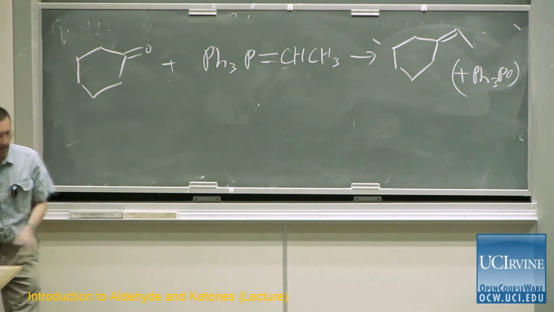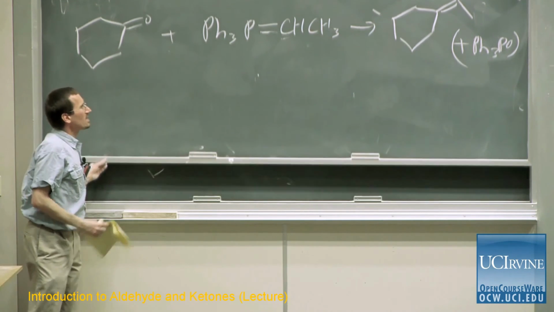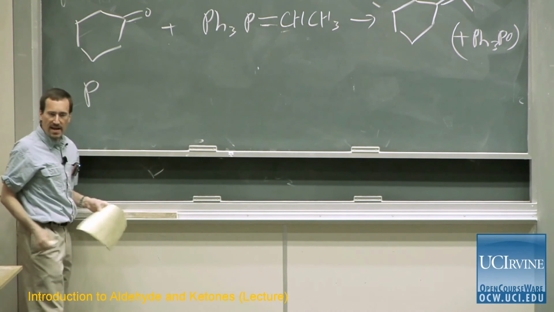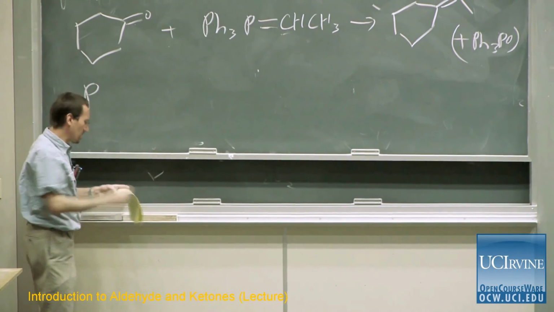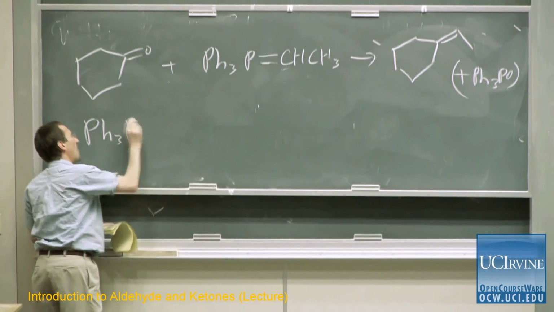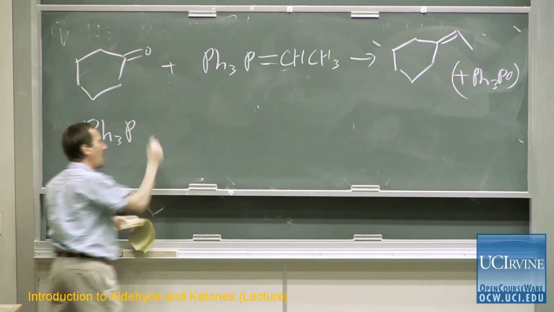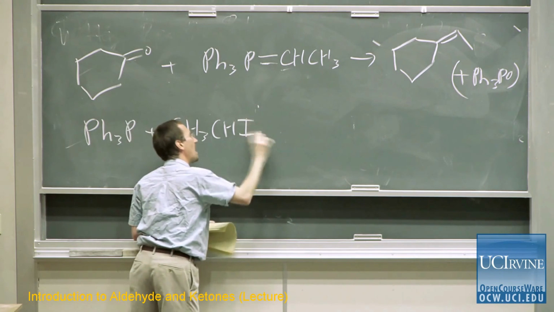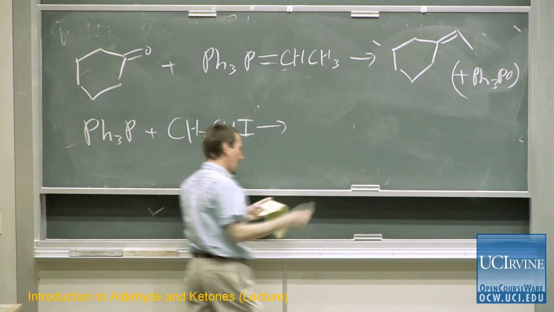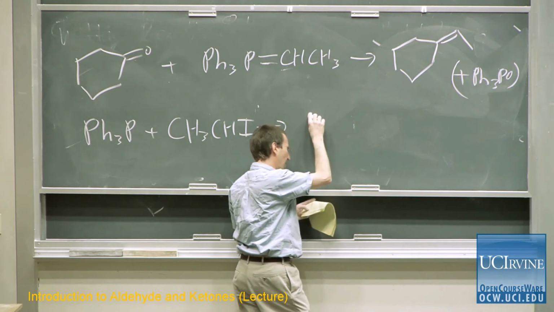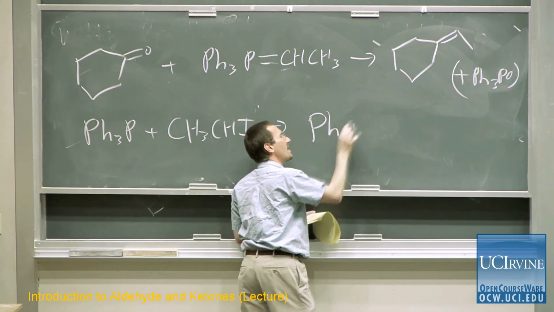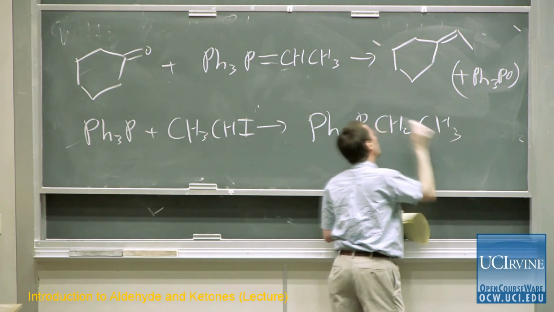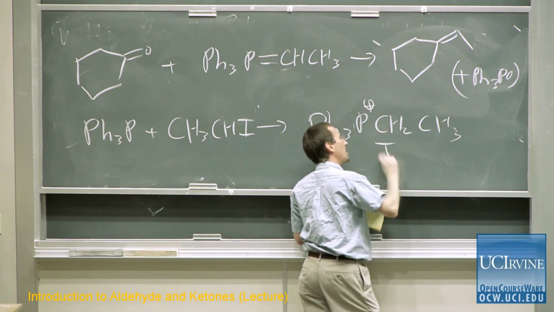Now, in practice, the way one carries this reaction out in the laboratory is you make the phosphorus ylide yourself. Triphenylphosphine is a good nucleophile. You can take an electrophile like ethyl iodide and mix them, and you get ethyl triphenylphosphonium iodide, Ph3P+CH2CH3 I−.